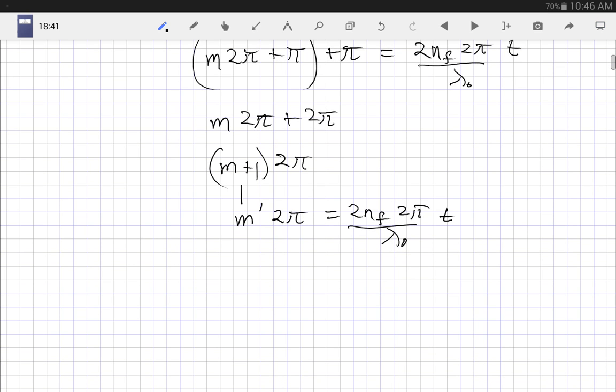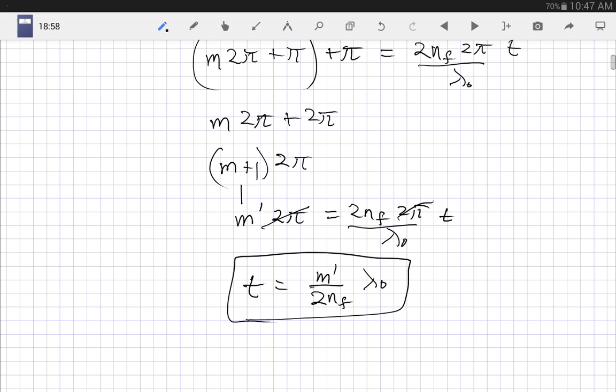Once again, solve this for the thickness. I will divide out the 2 pi's, and I find thickness is equal to m prime over 2nf times lambda 0. So there's the thickness. This is where I have destructive interference. That's what I was asked for in the problem.